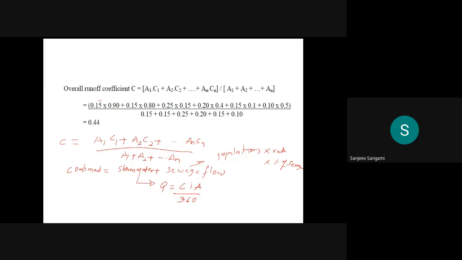Similarly, he has calculated for all types of basins. Then finally he got the average C as this much, because we require C here. The same you have to substitute in this formula.